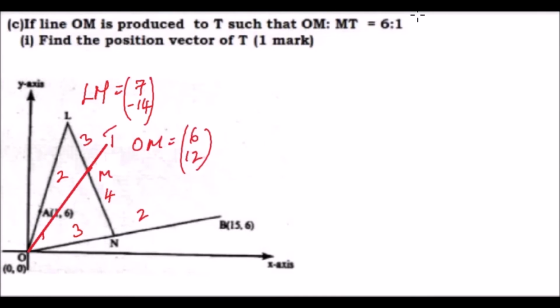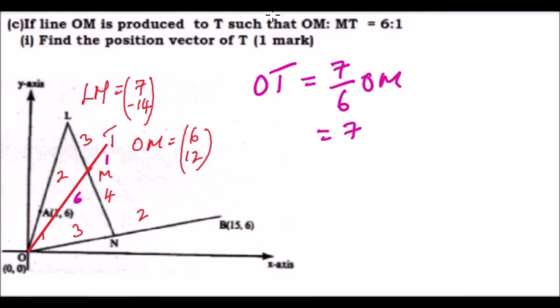So part C, Roman number 1: if line OM is produced to T, such that OM is to MT is equal to 6:1, find the position vector of T. So we are looking for OT, where we have 6:1, therefore OT is the same as 7 over 6 OM, where we had computed our OM.